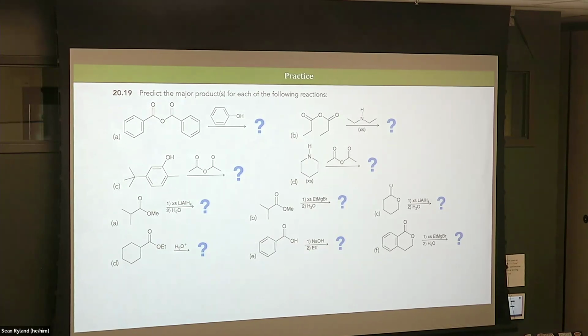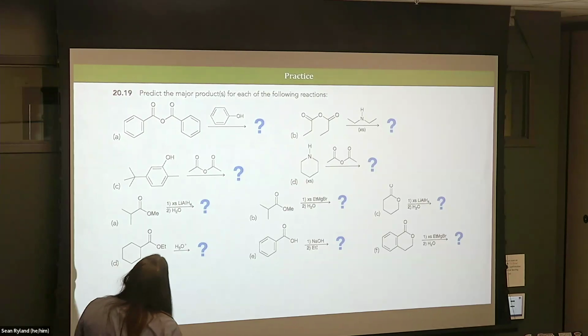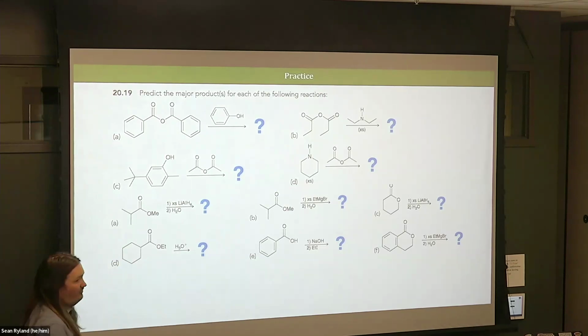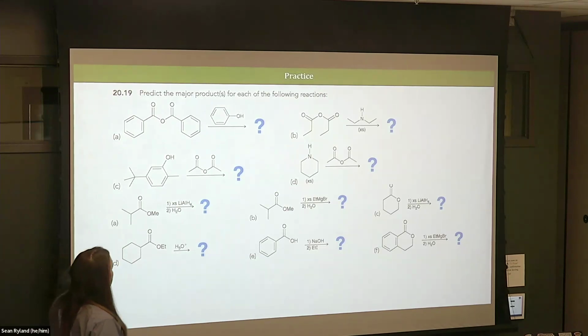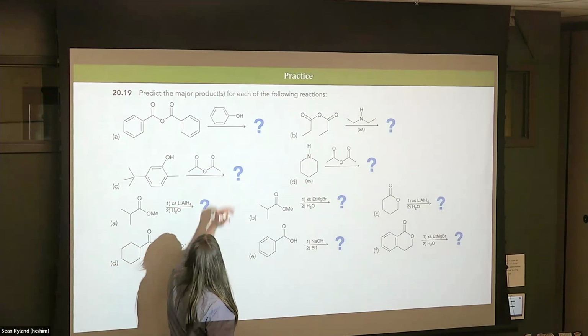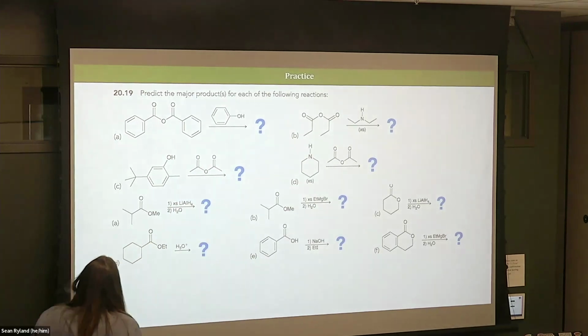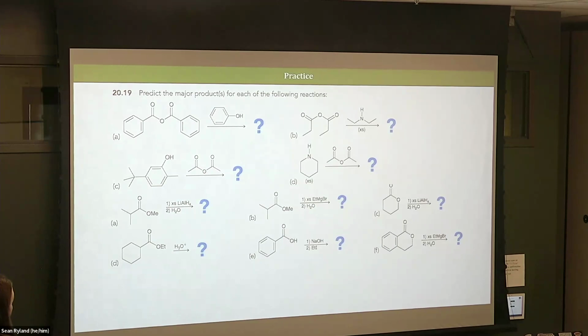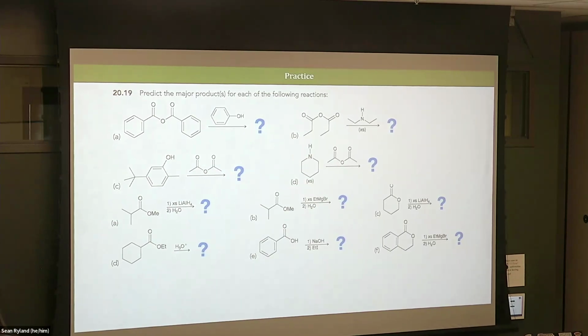You just have to remember with these reactions that it's splitting. The anhydride looks the most unique out of them, but it's really the same thing once you remember that this whole thing is the leaving group. So C is a complicated molecule, but it's the same process.